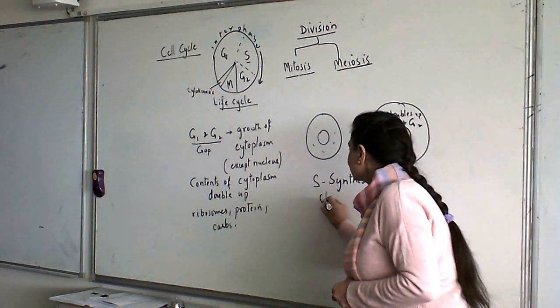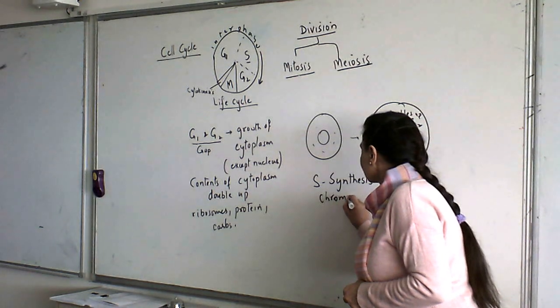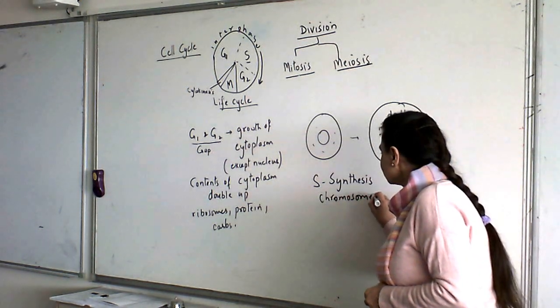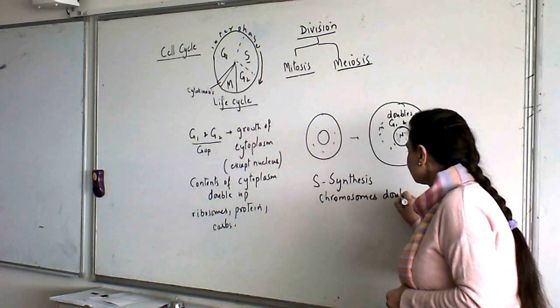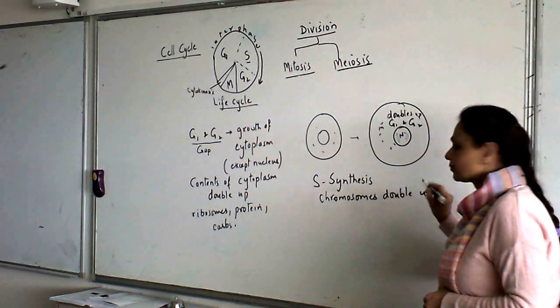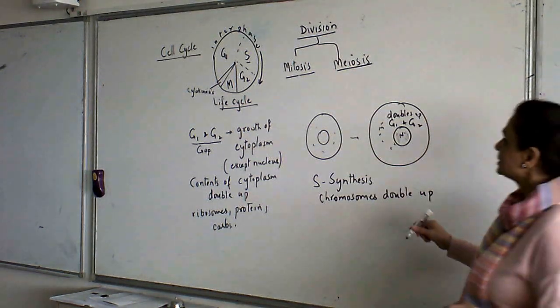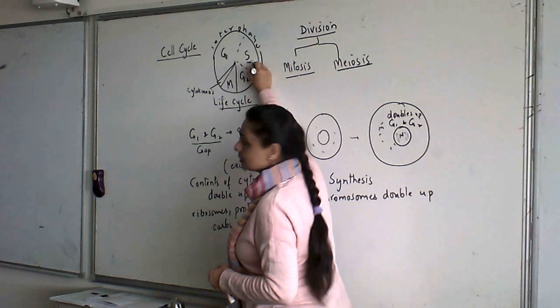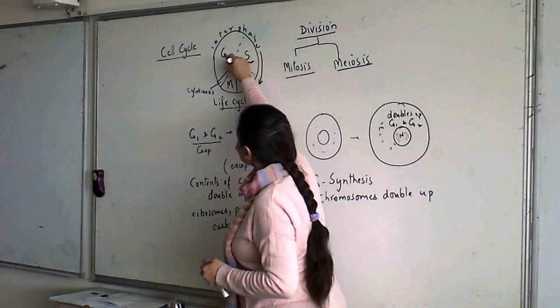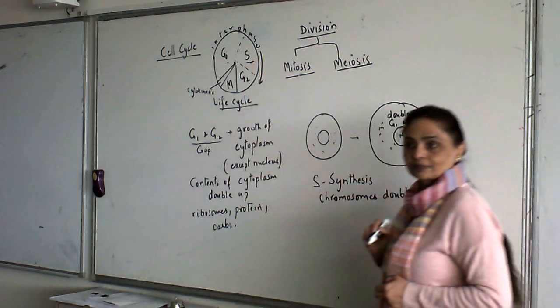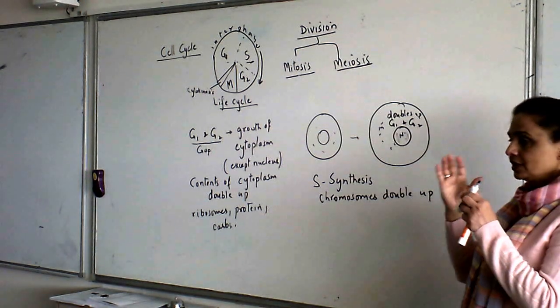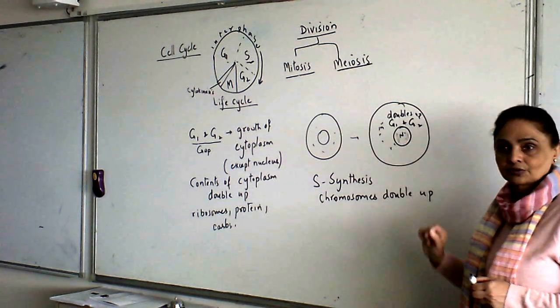So what happens here is the chromosomes double up. So whatever happens in the nucleus happens here. Whatever happens in the cytoplasm happens here. Right? And remember, the nucleus is made up of chromosomes.